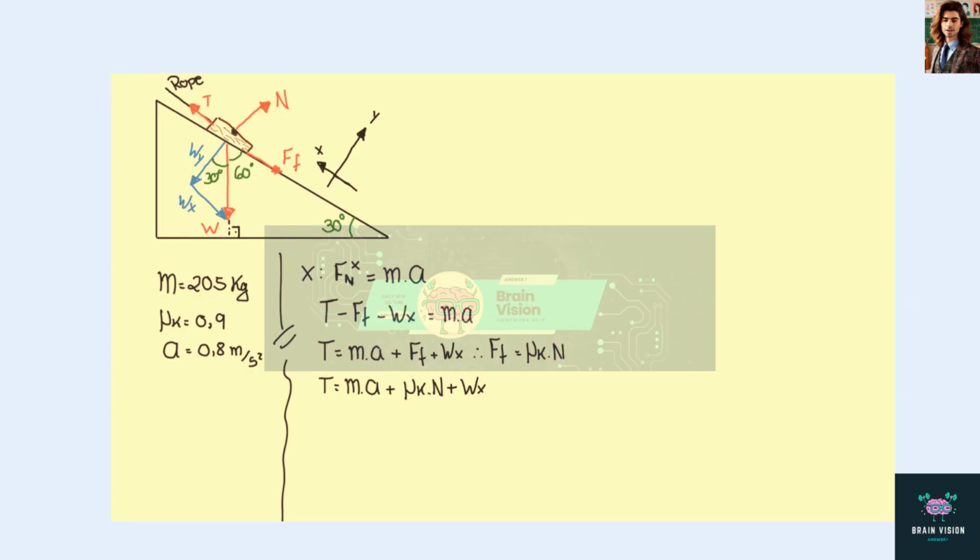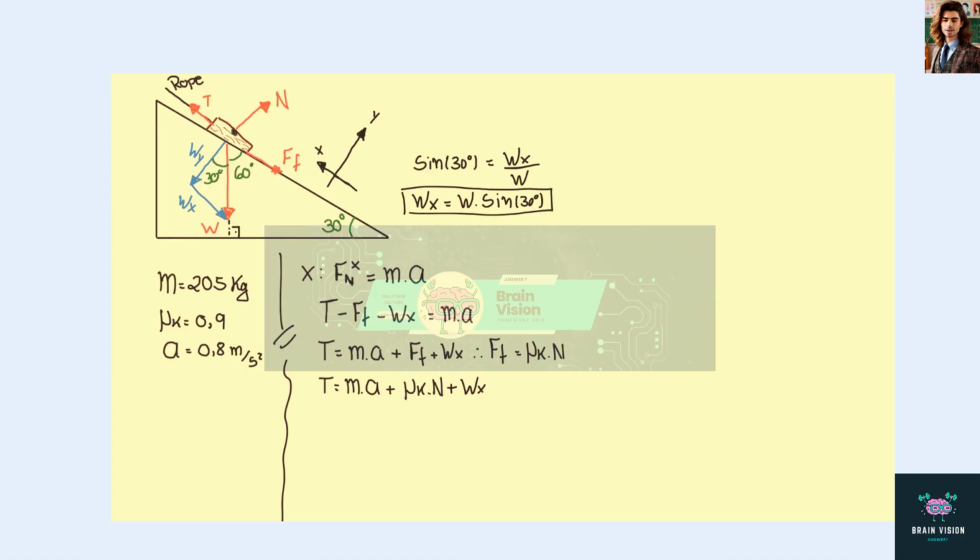Now we can use this 30 degree angle to determine the x component of the weight force. Note the following. The sine of 30 degrees in this triangle is given by the opposite side, which is W_x, divided by the hypotenuse, which is W. Then W_x is equal to W times the sine of 30 degrees.